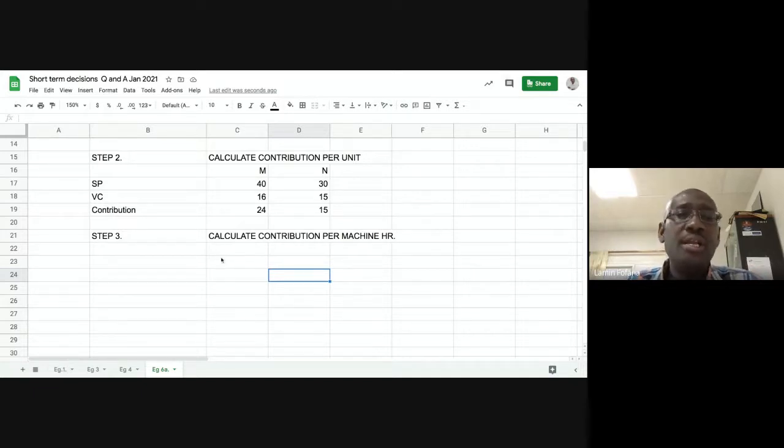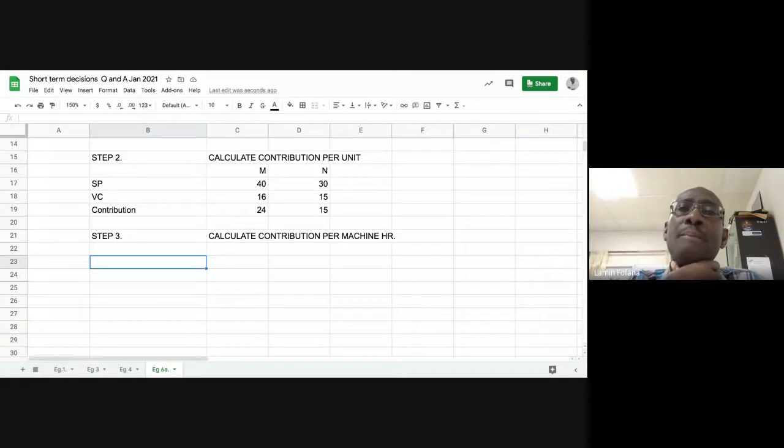Right, so step 3, we calculate the contribution per machine hour. We've already got our contribution per unit. So to calculate our contribution per machine hour, what are the two numbers that we need?